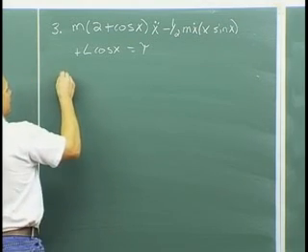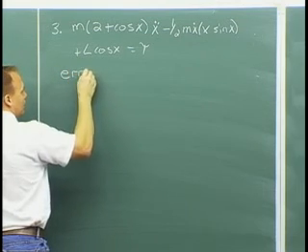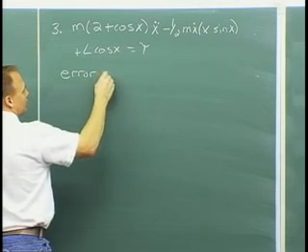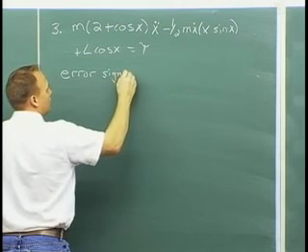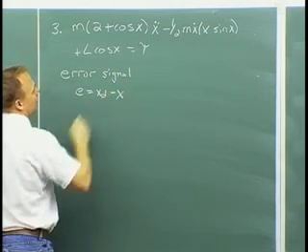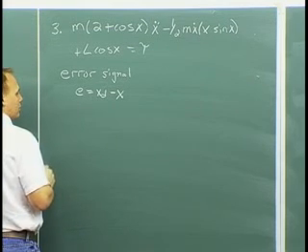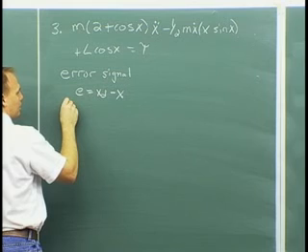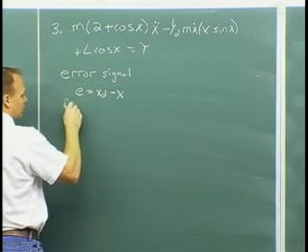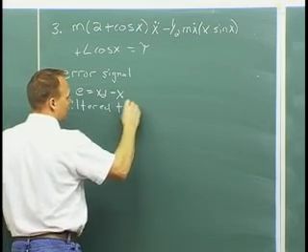And to quantify our objective, we define an error signal as e equals xd minus x. And then to further facilitate the Lyapunov analysis, we defined a filtered tracking error.